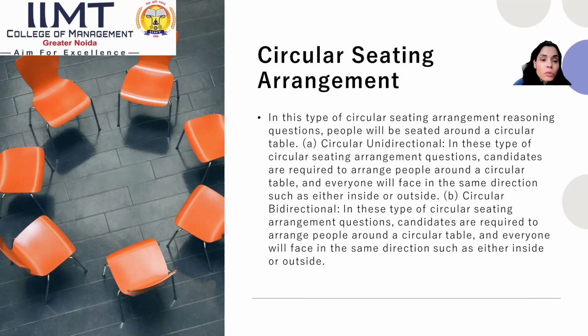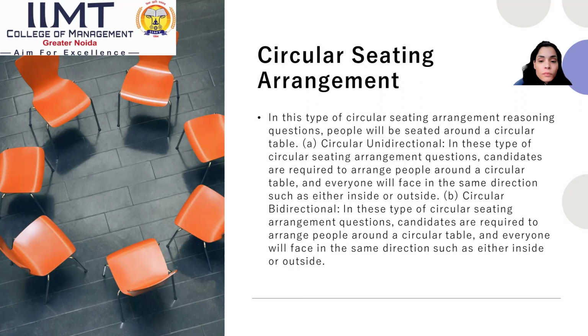All of them are facing the center. If we arrange them outside the circle, that means their face will be outside and back will be inside the circle. Circular bidirectional, someone is facing inside and someone is facing outside.